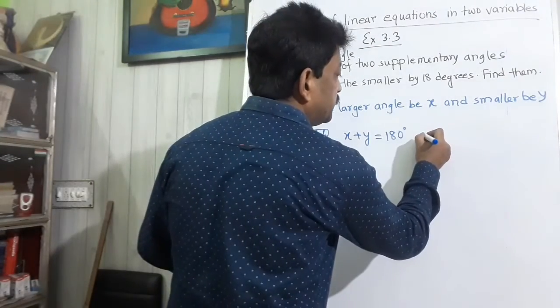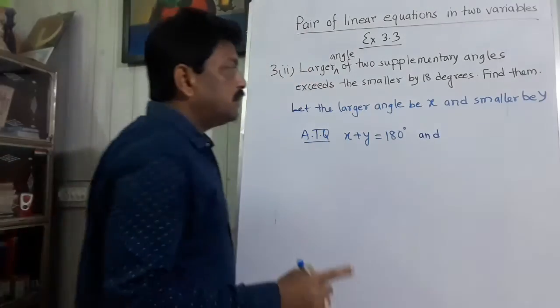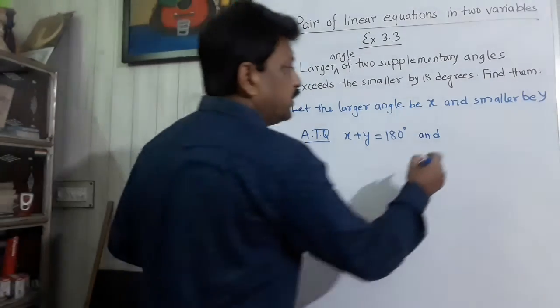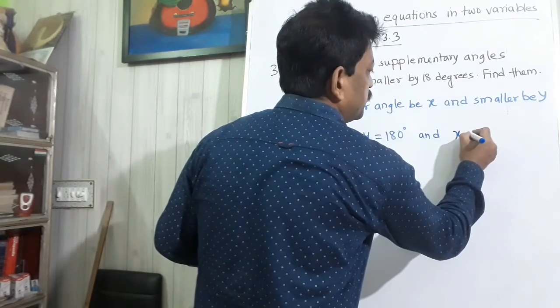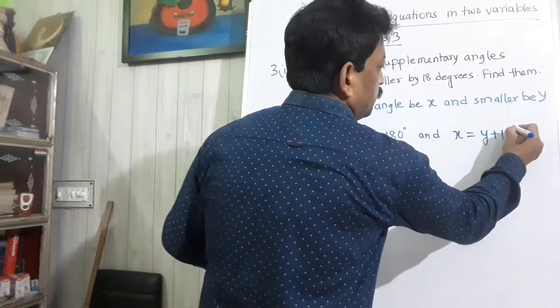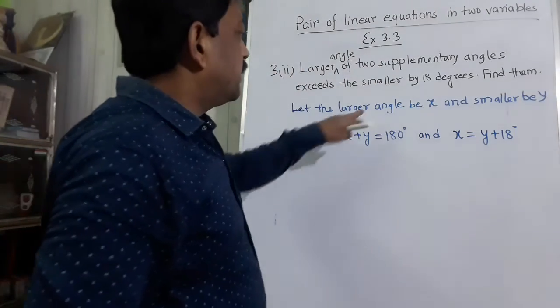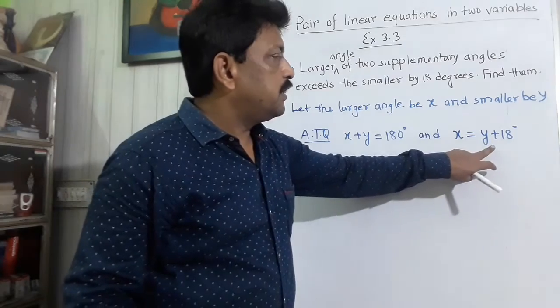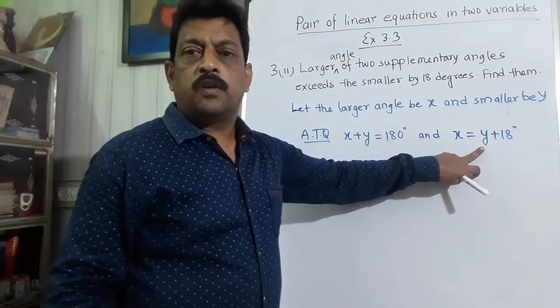And the second condition says that the larger is 18 degrees more than the smaller. So we can write x is equals to y plus 18 degrees, because x is the larger angle, y is the smaller angle.